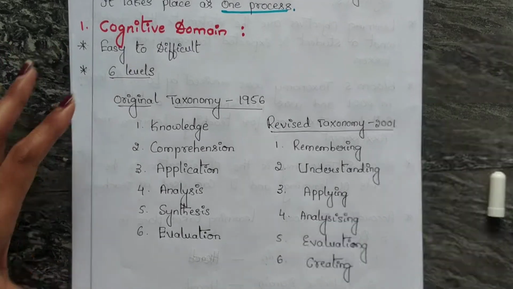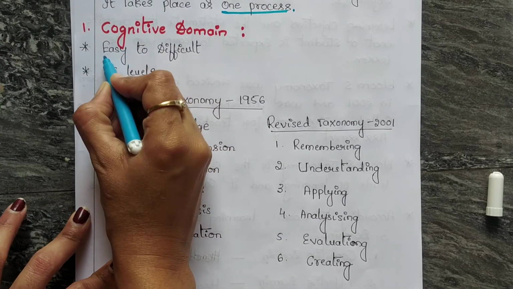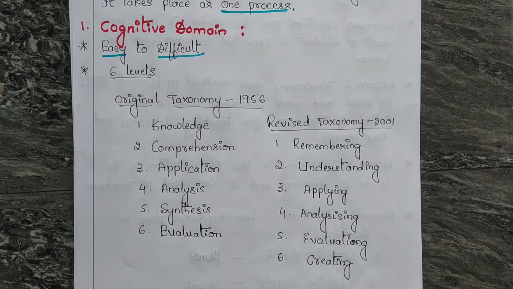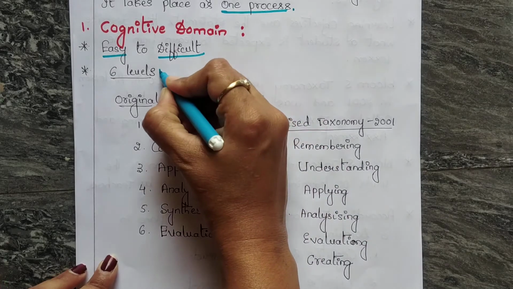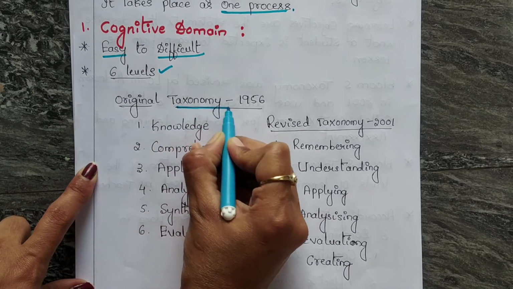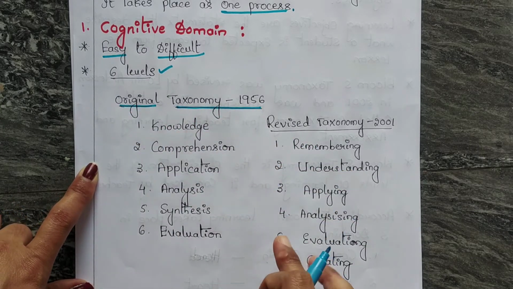Here in the cognitive domain, as I told, everything goes from easy to difficult. There are 6 levels. First let us explain the original taxonomy, explained in 1956.